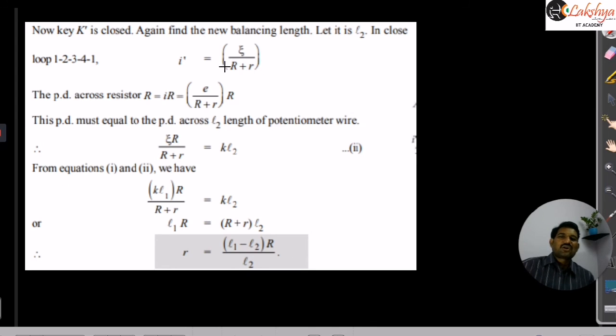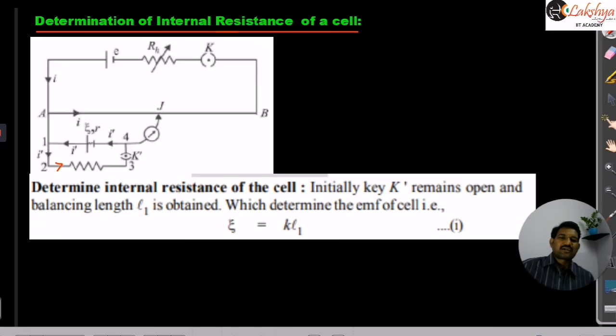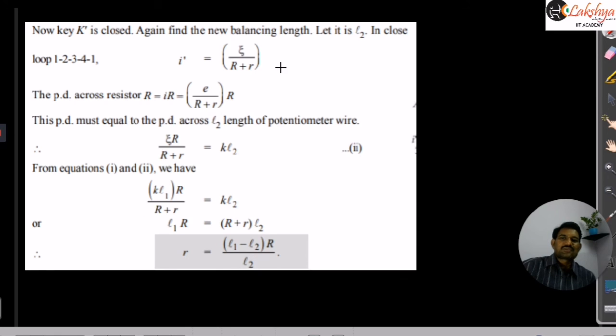Now that I dash value we are writing here. The current in this small secondary circuit we can write as E by R plus r, where R is the resistance and r is the internal resistance.